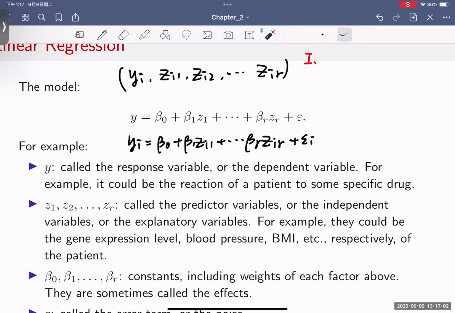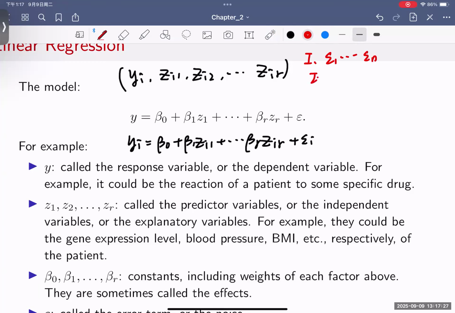We have the epsilon here, and epsilon is a random variable. It contains some randomness, so at different realizations, it may have different values. The key assumption is that epsilon 1 to epsilon n are independent.